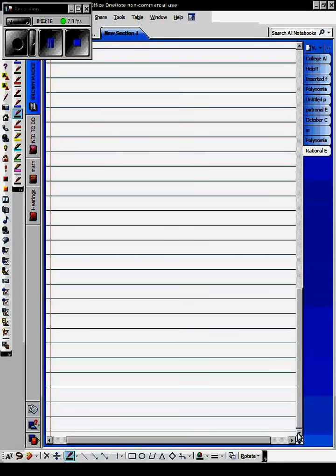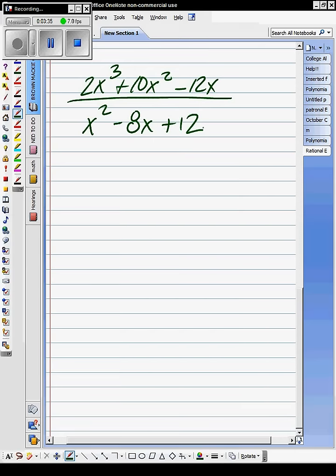So let's hypothetically say I have 2x cubed plus 10x squared minus 12x all over x squared minus 8x plus 12. Now, again, we are only looking at our denominators, correct?